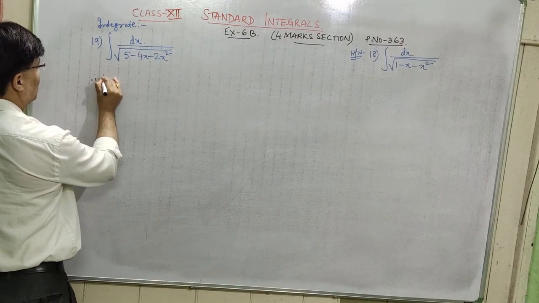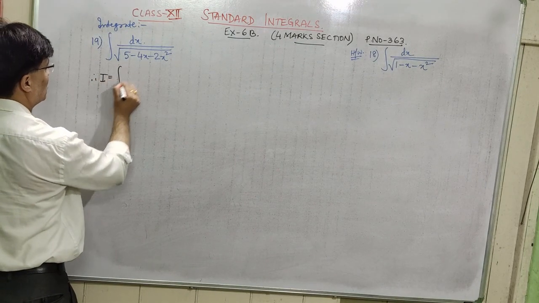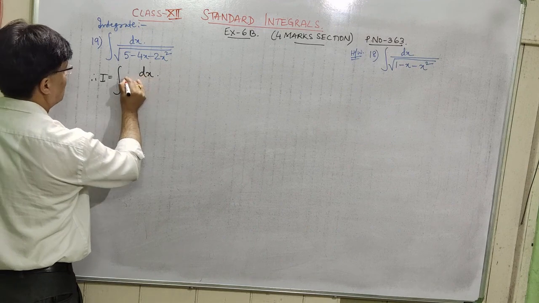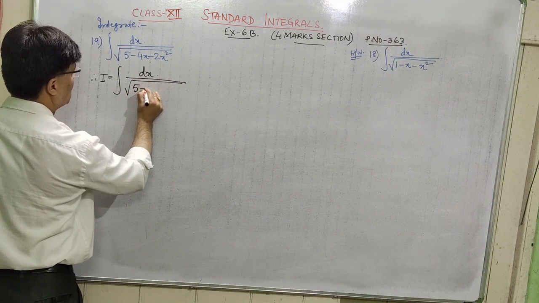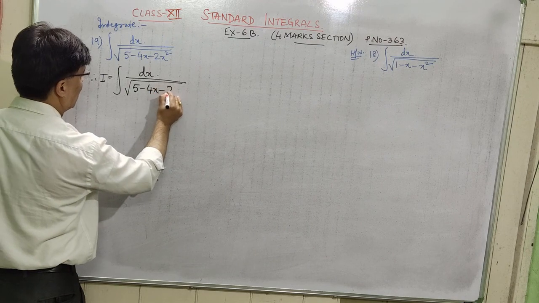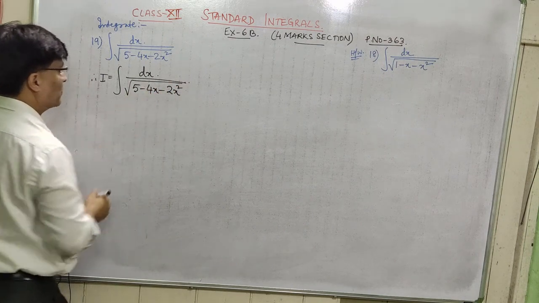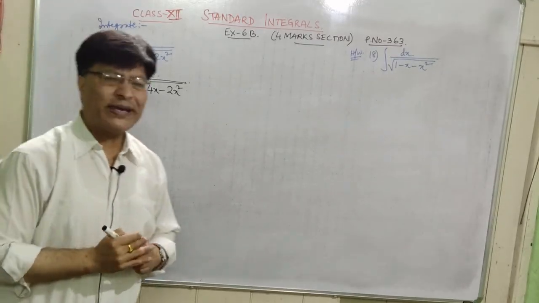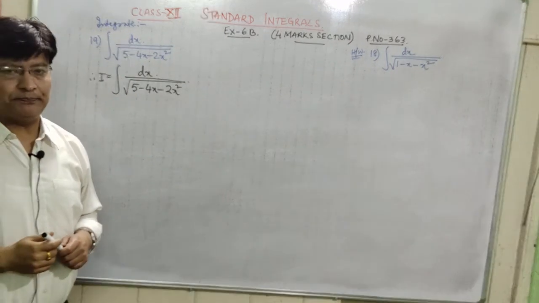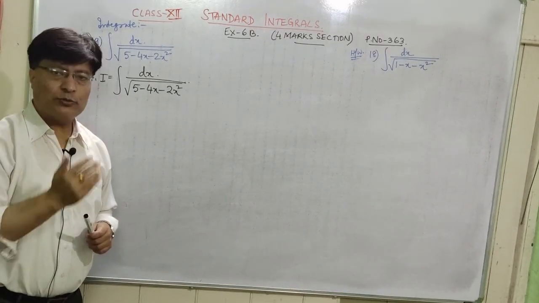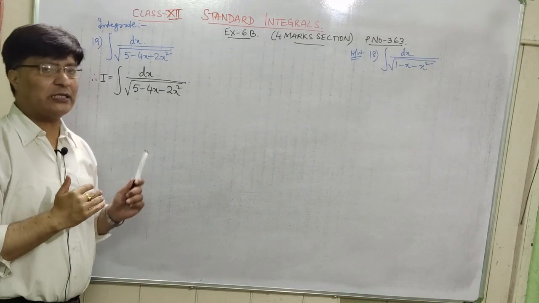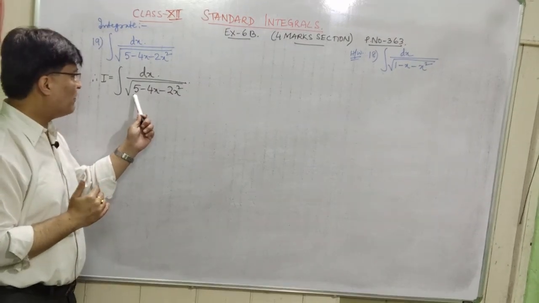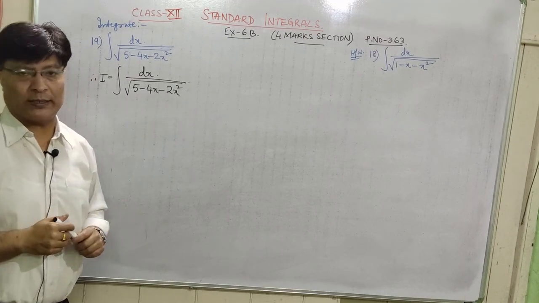So now let us first write I is equal to integration of dx divided by within square root, it is 5 minus 4x minus 2x square. Okay, so how can you evaluate this integration? In the numerator there is only dx, and before dx there is 1, and in the denominator we have within square root 5 minus 4x minus 2x square.